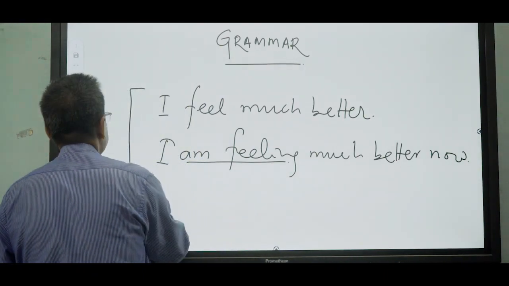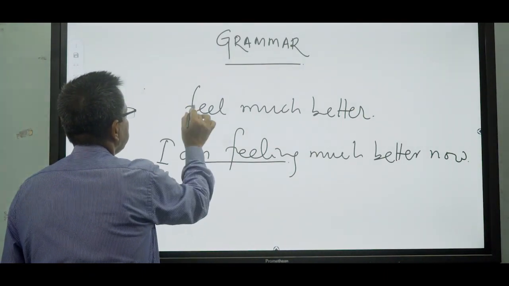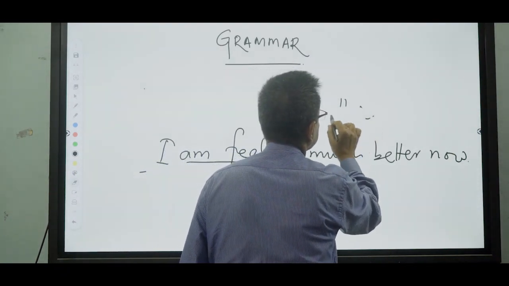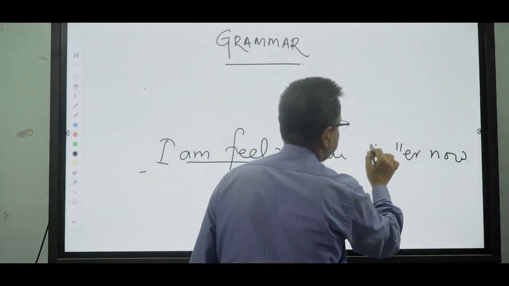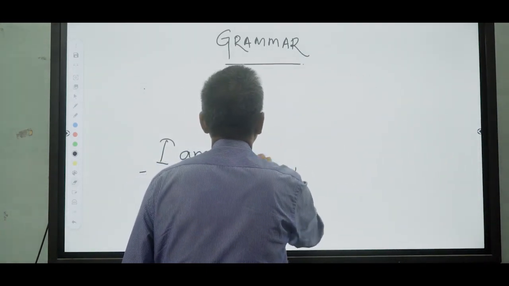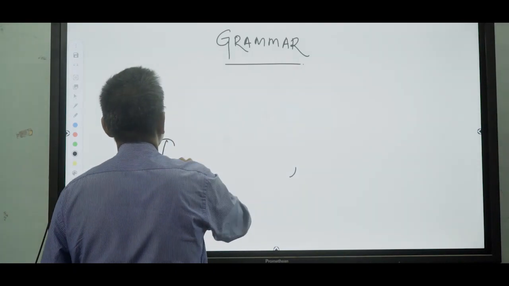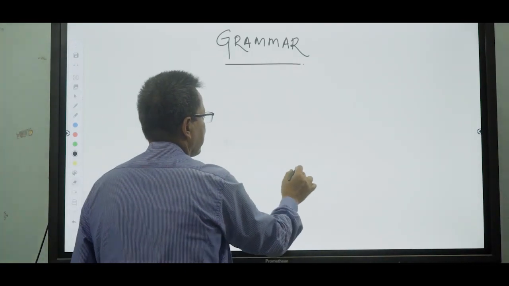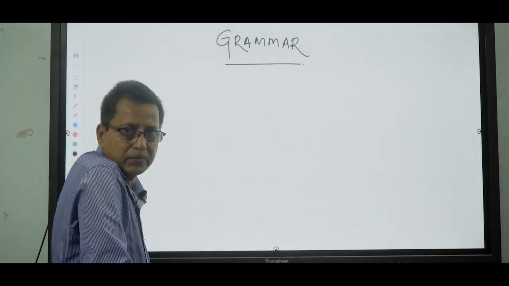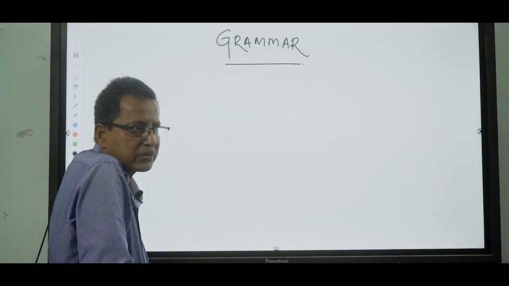Now let me tell you about this verb. Feel is a stative verb. In our vernacular languages like Assamese, we usually say moi bhal lagise, moi bhal paisu, like this.